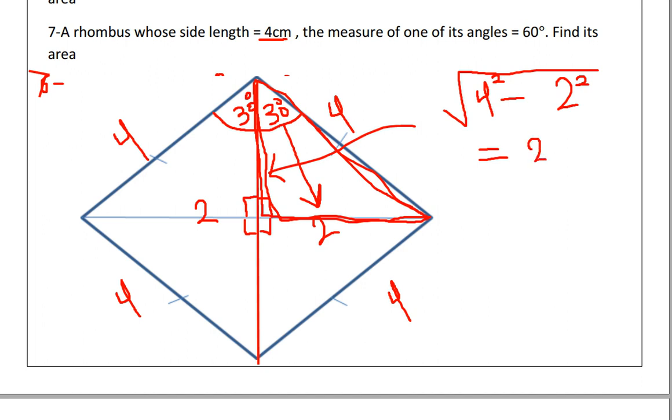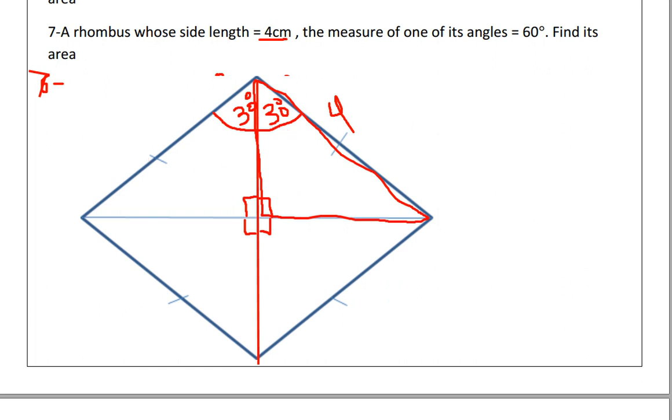So the answer is 2√3 centimeters. This side is 2√3, and because the diagonals bisect each other, this one is 2 and this one is 2 also, and this one is 2√3.